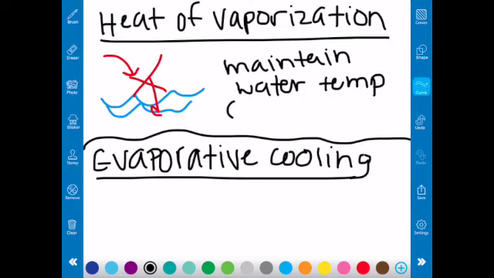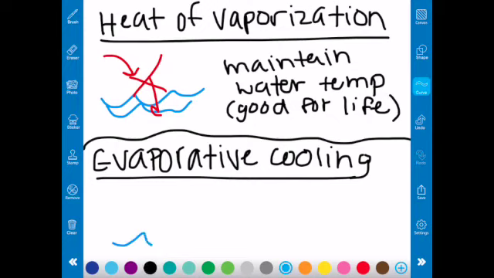So that's why if you go into the ocean in summer, it's a lot colder than the outside temperature because it's not absorbing that heat as quickly as the air is carrying it. So this helps to maintain, both of these actually help to maintain temperature, which is important for life on Earth, right? Because fish can't live in 115-degree water, but they can live in their 70-degree water, which is why the water doesn't change temperatures very easily.